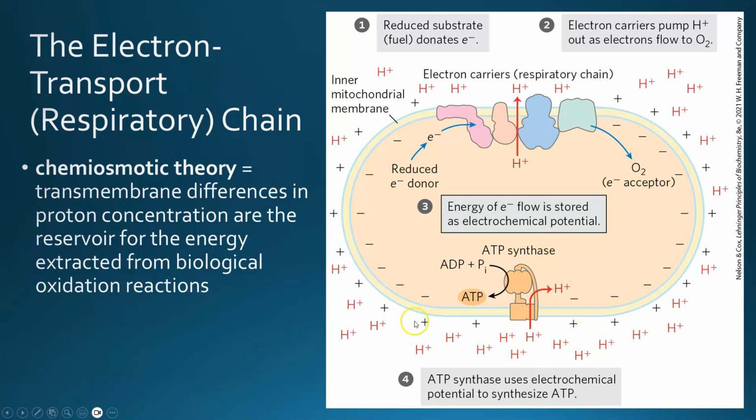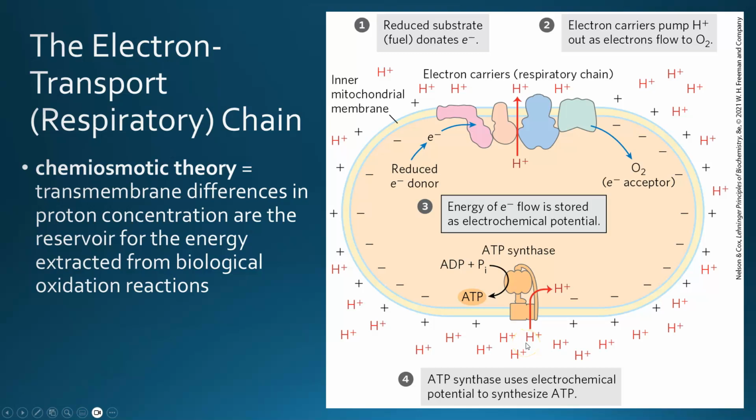We can call this the chemiosmotic potential, the electrochemical potential, right? We have a higher concentration of protons on the outside, which means a concentration gradient and also a charge gradient, hence electrochemical.